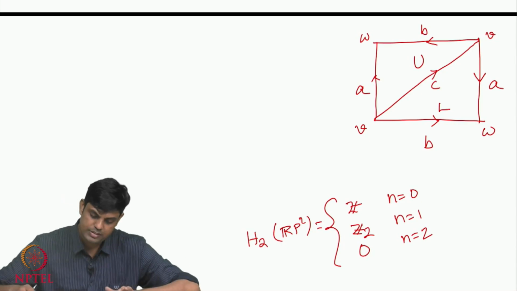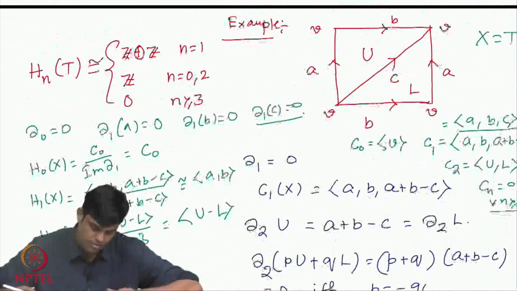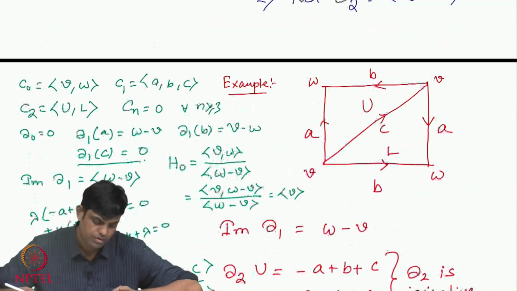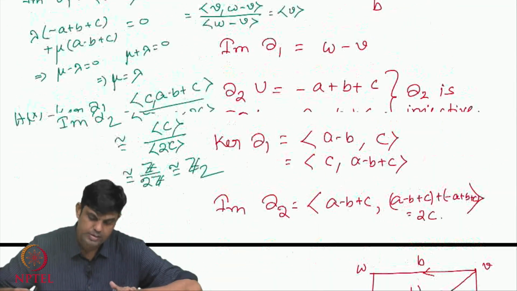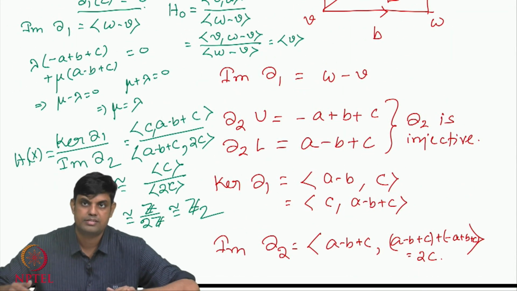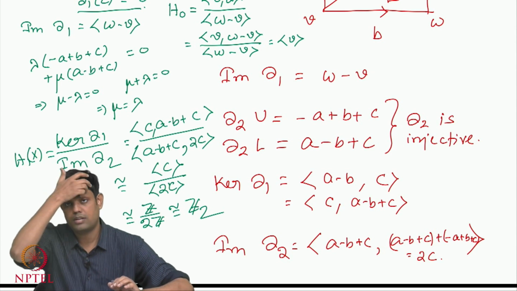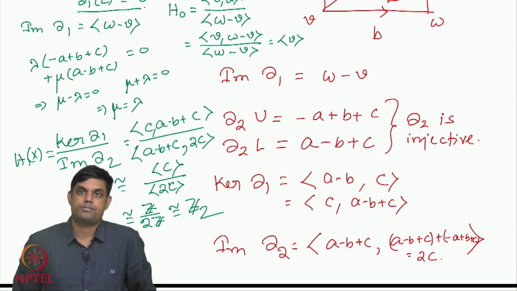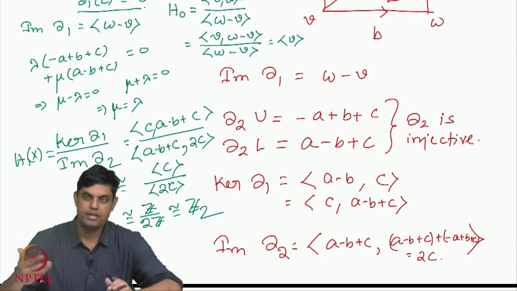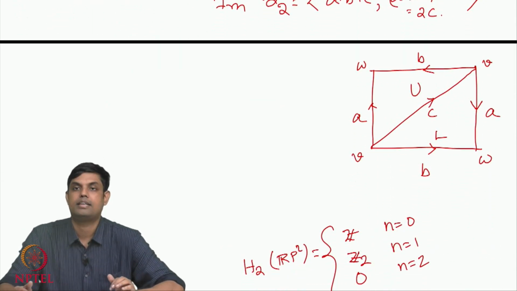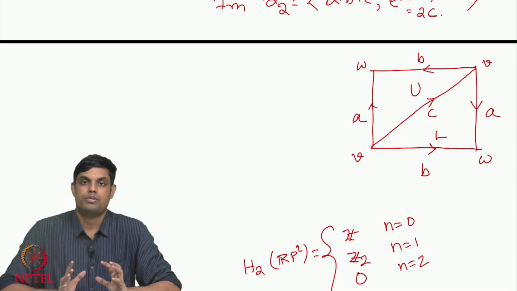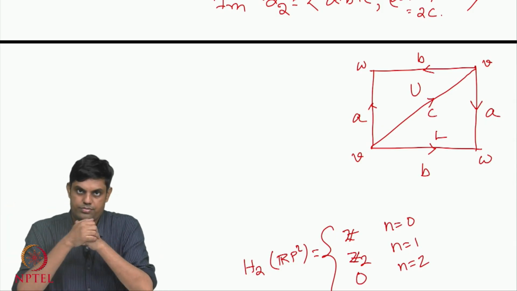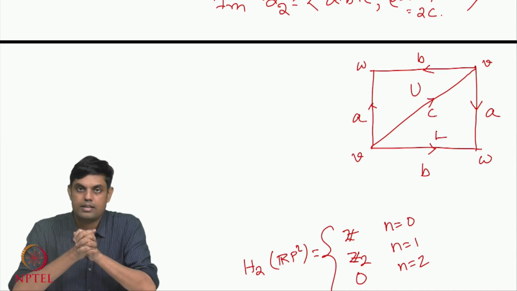And you can see in all of these examples, the 0th homology is always Z. No matter what we are doing, the 0th homology is always Z. This is because this is a connected space, the 0th homology will have only one component, and we will show later that if I have n connected components of a space, then my 0th homology will have n factors of Z, each one corresponding to each connected component.